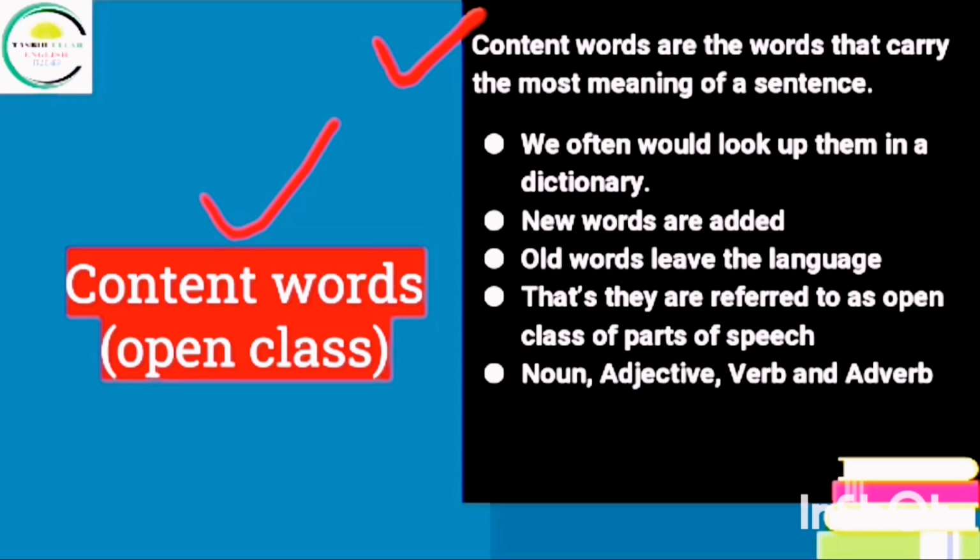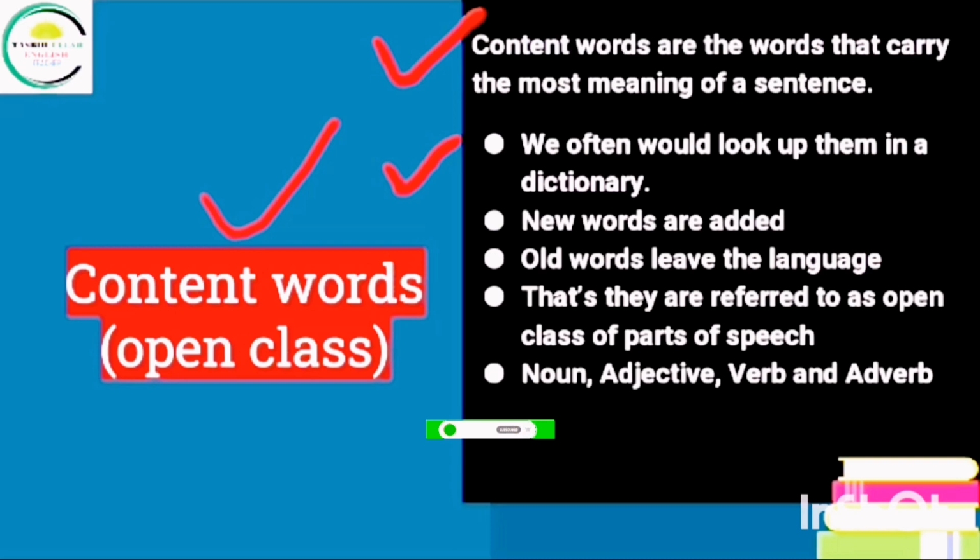Keep the points given here to understand clearly what are content words and to differentiate content words from functional words. The first point about the content word is these are the words that we would look up in a dictionary.